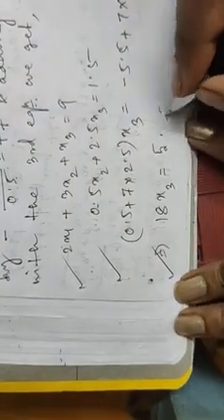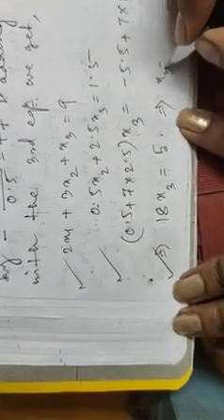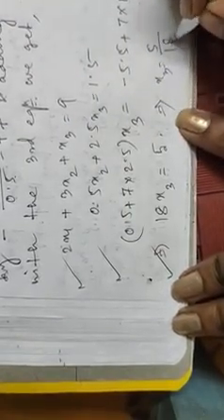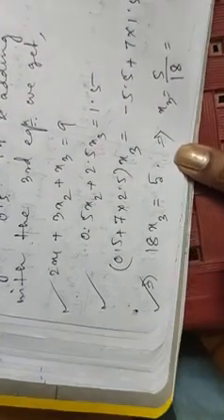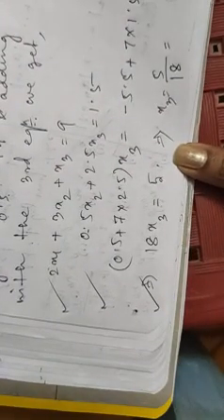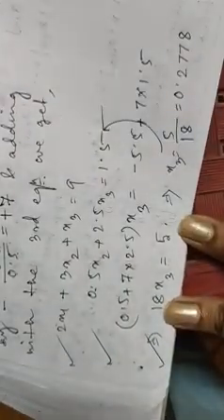From here we can easily get the value of x3, which will be 5 by 18. The rounded off value of 5 by 18 is 0.27777 and so on, so we will take it as 0.2778, approximately, to four decimal places. Now put this value of x3 here to get the value of x2.